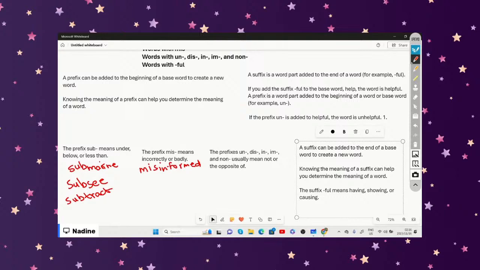And then we have our prefixes un, dis, in, im, and non. And this usually means not or the opposite of.